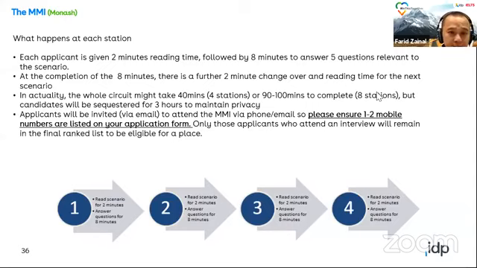Applicants will be invited to attend these via phone or email, so do ensure that you have more than one mobile number listed on your application form, just in case the one that you provided is unfortunately not working at that point of time.